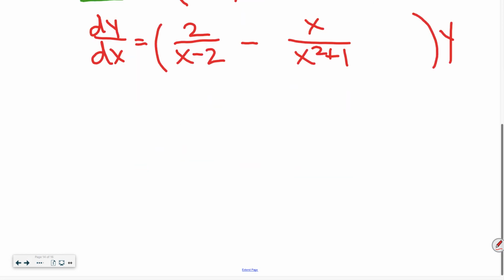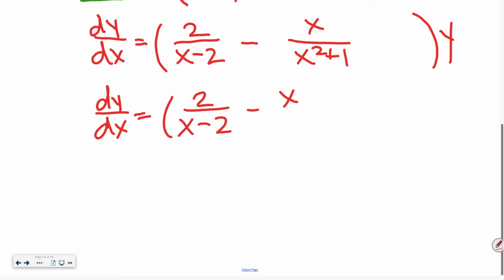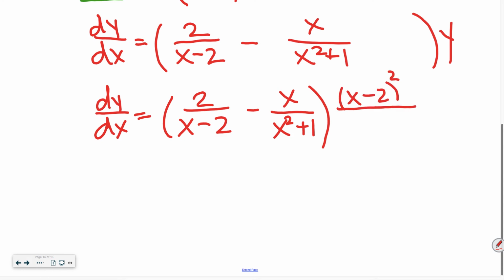So instead of writing our answer like this involving a y, you need to actually replace y with, we know that y was x minus 2, the quantity squared, over the square root of x squared plus 1, right? Now I know that that looks kind of messy, but our alternative was to do the quotient rule.